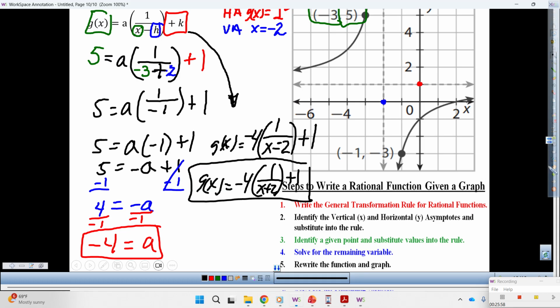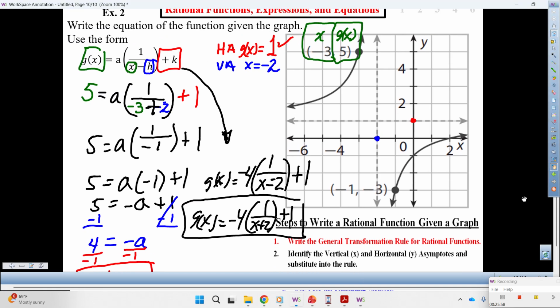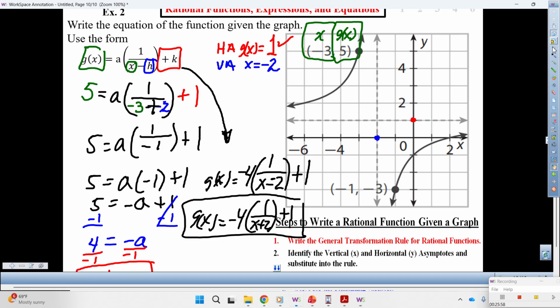Now, look up, guys. This is what Julian was saying. Mr. Q, can't we just find A by what you showed us? I'm all like, what do you mean? Well, here's our asymptote. Here are our new asymptotes. Technically, we have a point here and here, but now it's on the opposite side. So what does that mean?